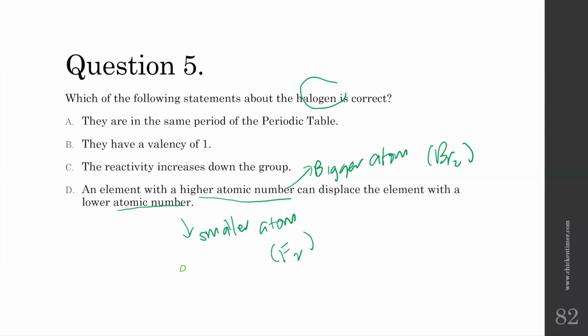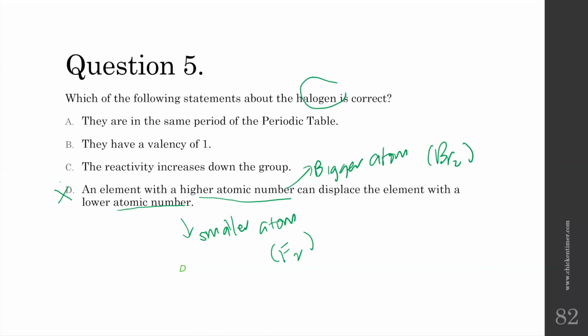Bromine cannot displace fluorine. So that means D is not correct, so we will take this out. Reactivity decreases down the group. Yes, correct. So D is not the answer, because in displacement the more reactive element displaces the less reactive one. Okay, so three other options.